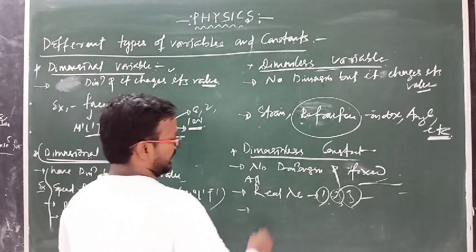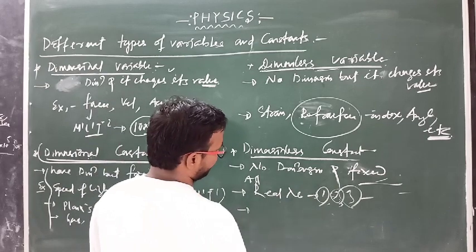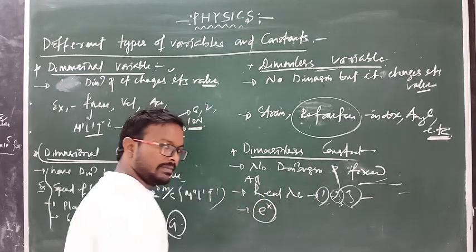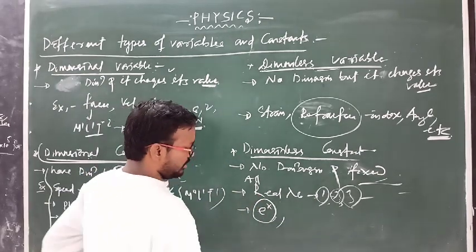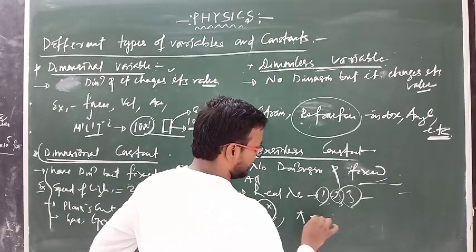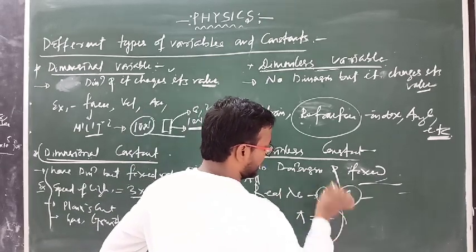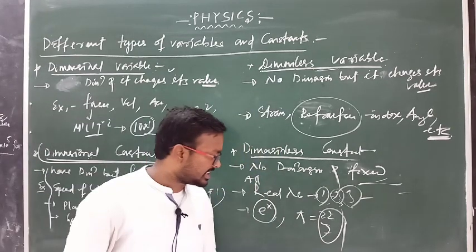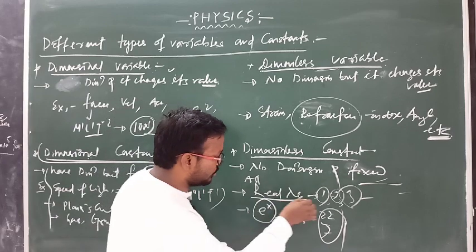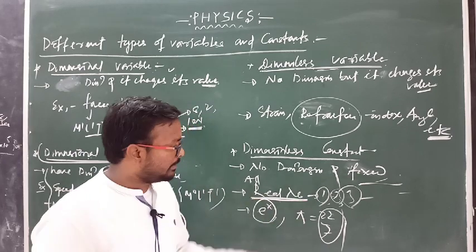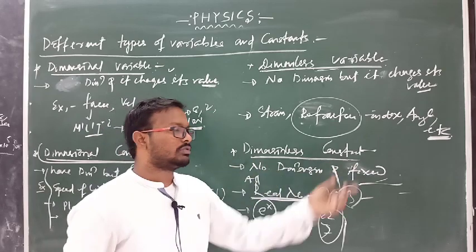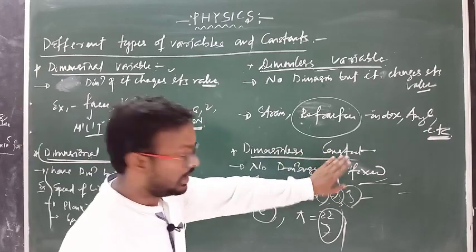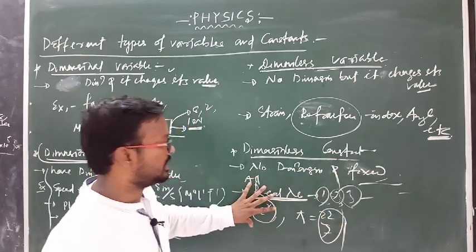And next, trigonometric functions, or exponential function e to the power x, is also a constant quantity. Or pi, its value is always 22/7. These are dimensionless constants, their value is always fixed and they have no dimension. Such quantities are called dimensionless constant. Clear? Value fixed but no dimension.